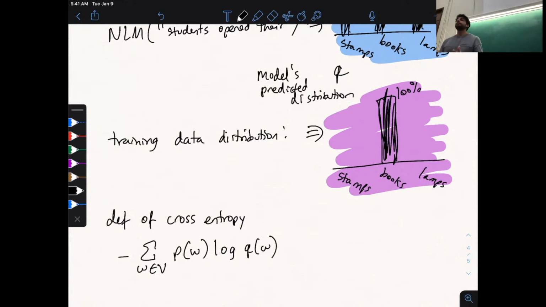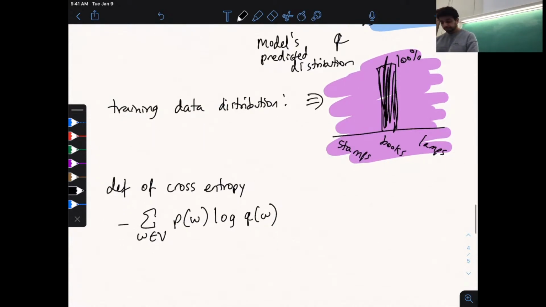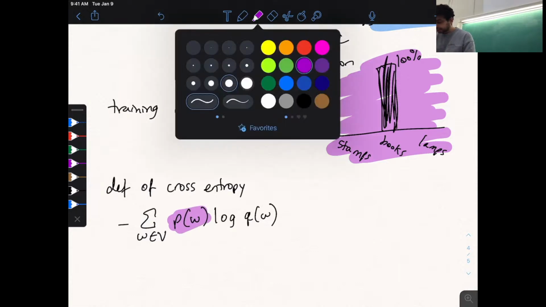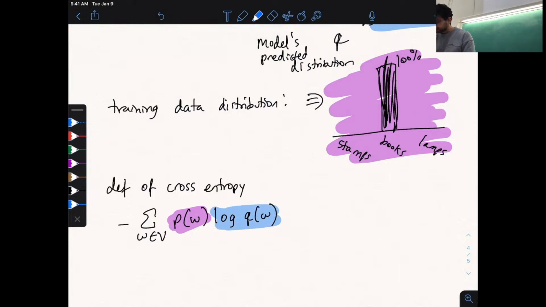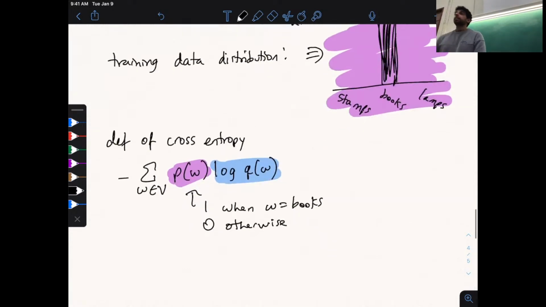So this is the definition of cross entropy that many of you have probably seen before. And so if you look at this equation here, you'll see that this is the training data distribution. This is the model's predicted distribution. And this term here is 1 when W equals books and 0 otherwise, right?